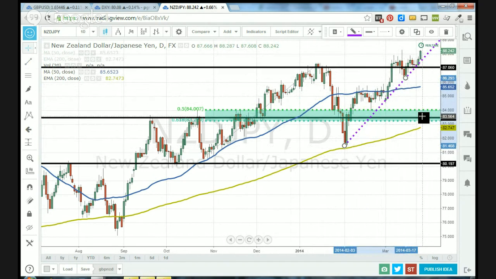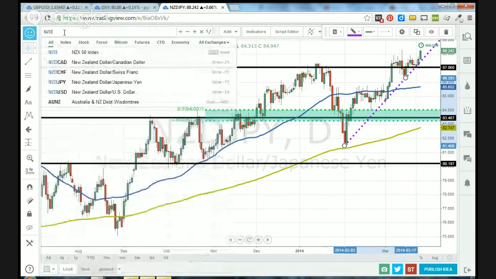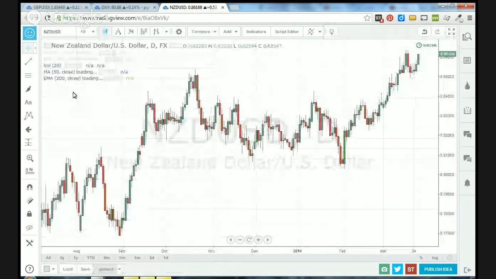Let's see if we can go down to the 50 simple moving average right around here, 85.66, 65. That could be a good level to buy at, right? Which is now almost 300 pips away. But I have enough yen exposure by Canada yen and pound yen, so I don't really want to add a yen position until I can move one of those to break even.